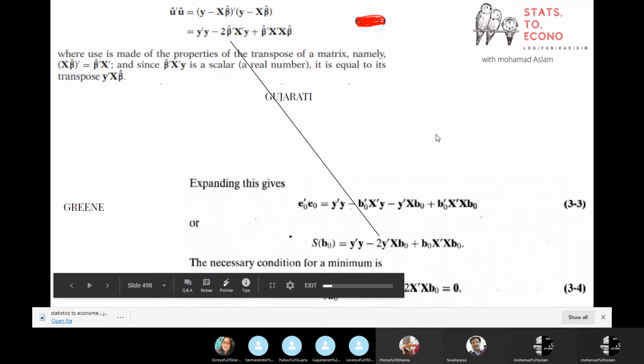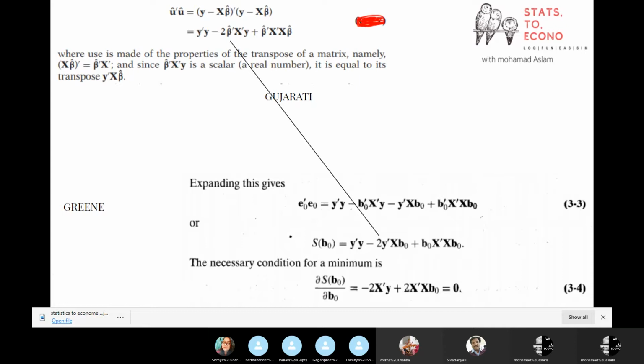Gujarati and Green reference books. But later on, I cross-checked with other reference books like GS Maddala, and they have followed the Green method. And even Wooldridge is giving reference to this Green textbook. So this is the reference book. Please show y is of order.